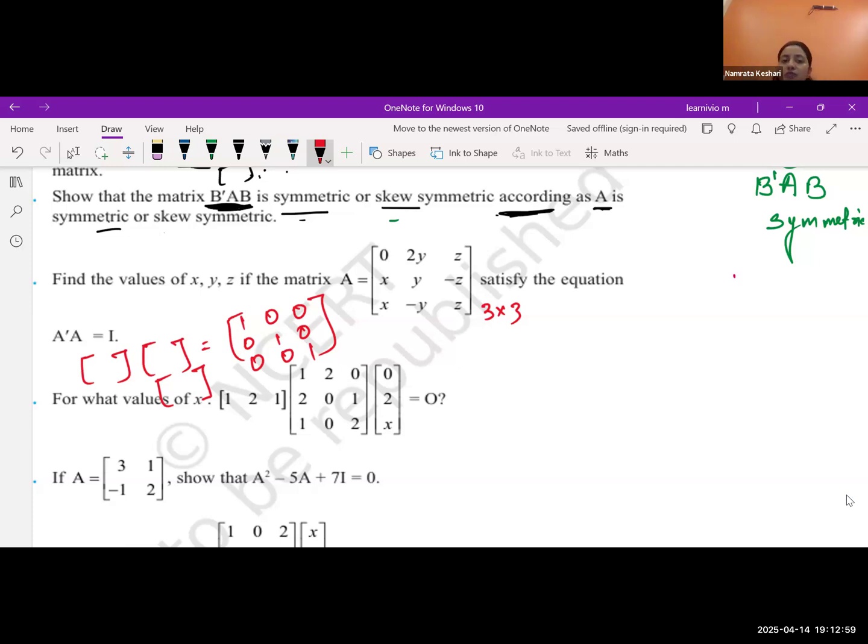We will be getting so many equations over here which can be solved further to take out the value of x, y, z, right?